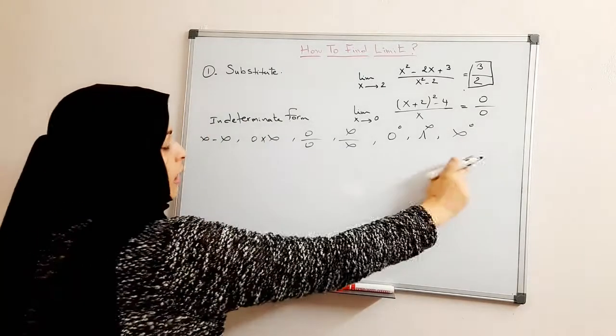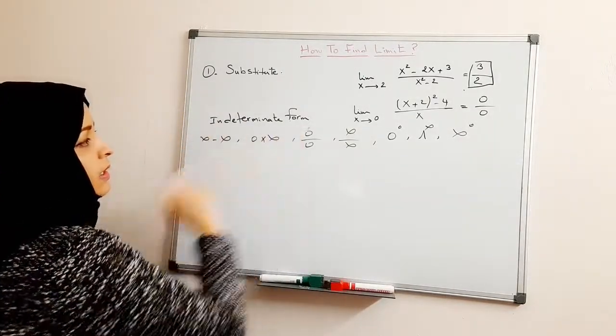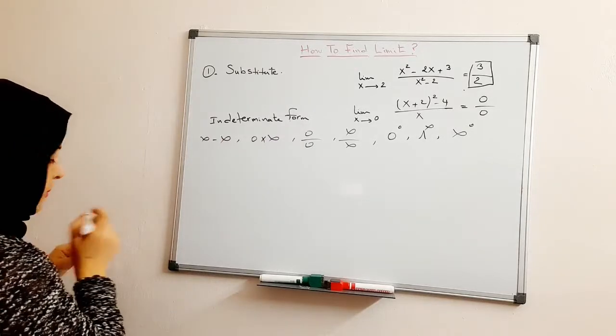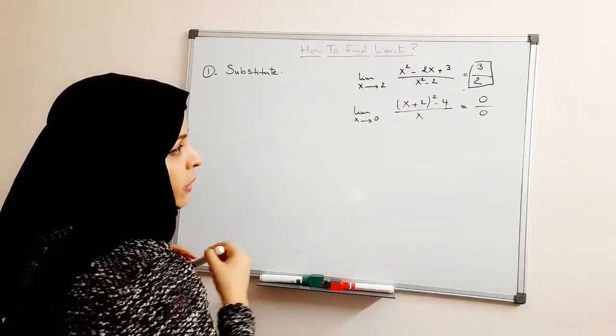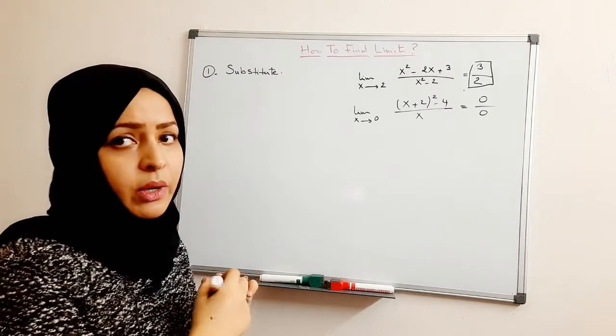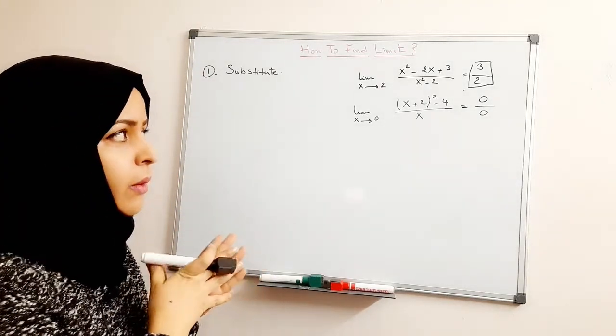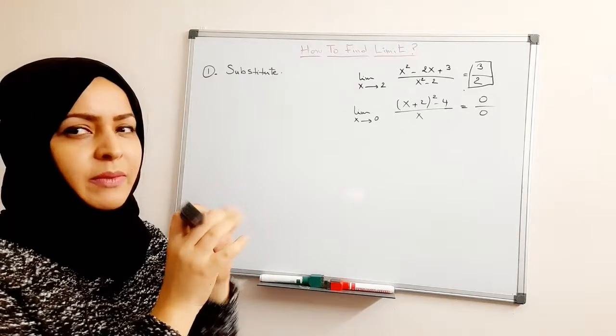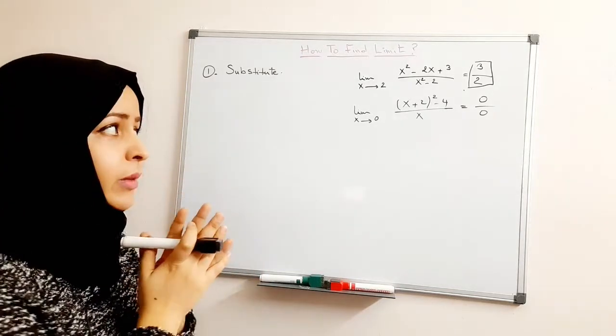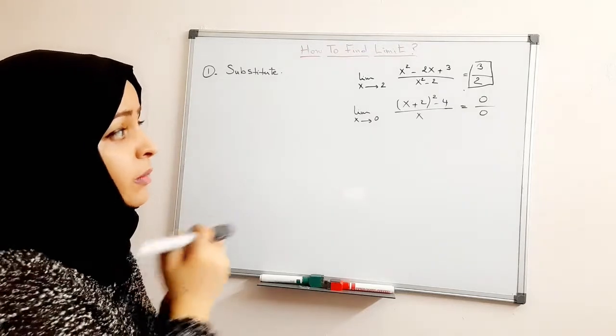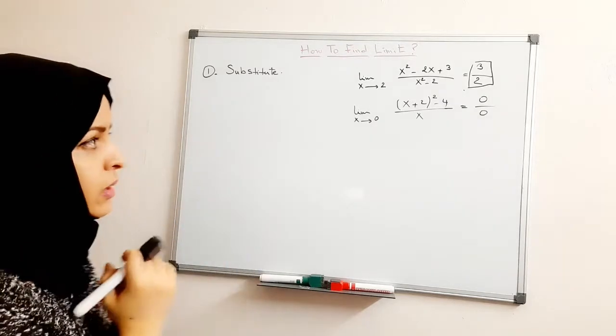So these are the indeterminate forms we have. Since 0 over 0 is an indeterminate form, we can't simply substitute by 0, but we have to play a little bit with this expression before we can substitute.